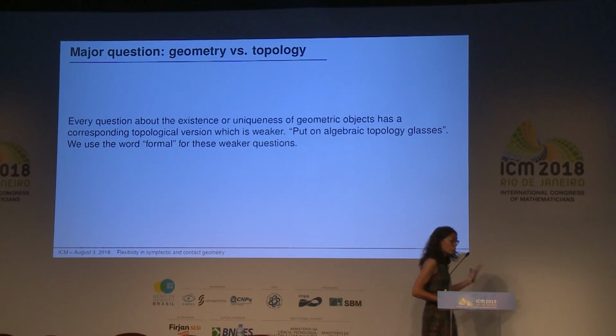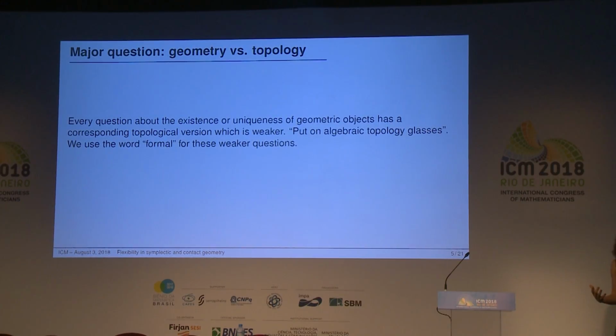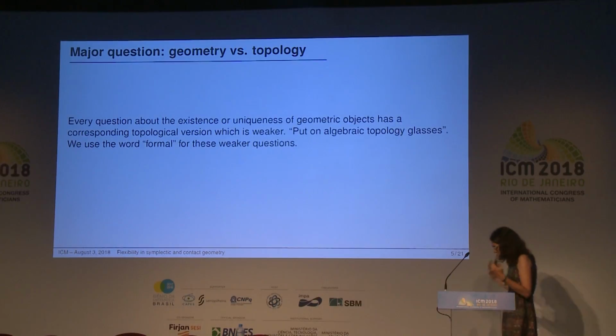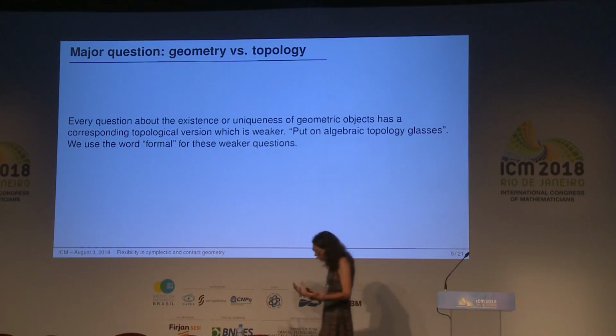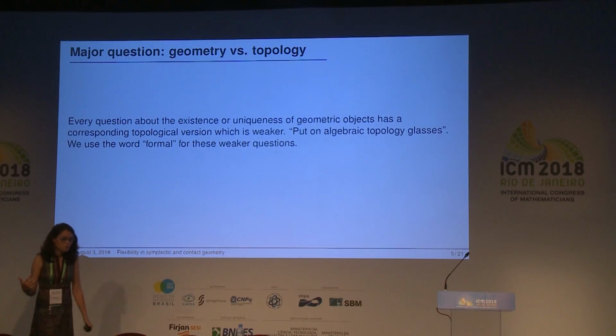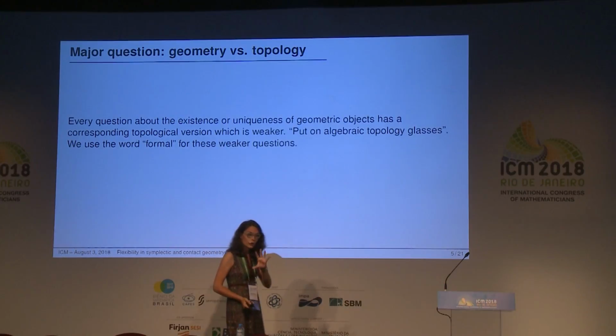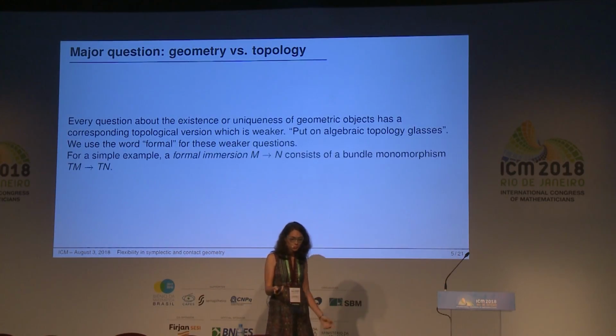If I have any geometric question, there's always a corresponding weaker topological question, and there's some process for always figuring out what this weaker topological question is. I'm going to use the word formal for these weaker, purely topological structures.